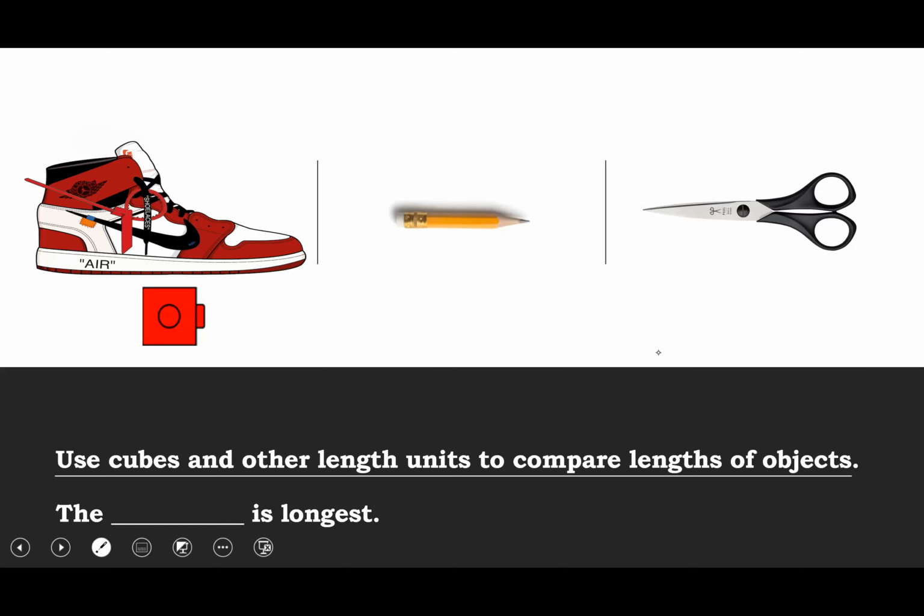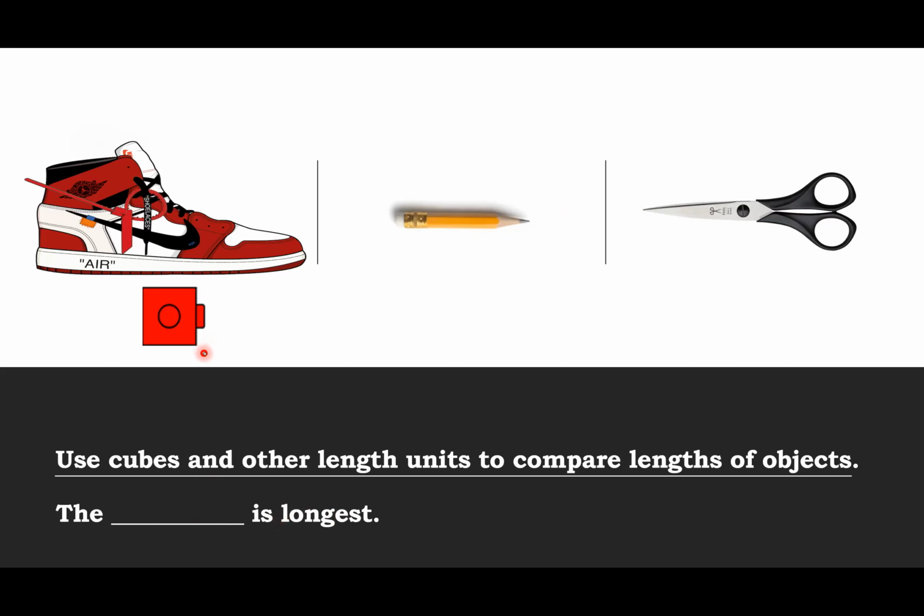Like here you can see I have, what is this? Good, very good. This is a shoe, and this pencil, and this scissors. Bravo. Now I want to compare the length of these 3 objects, and then I want to know which is the longest one. Which object is the longest?